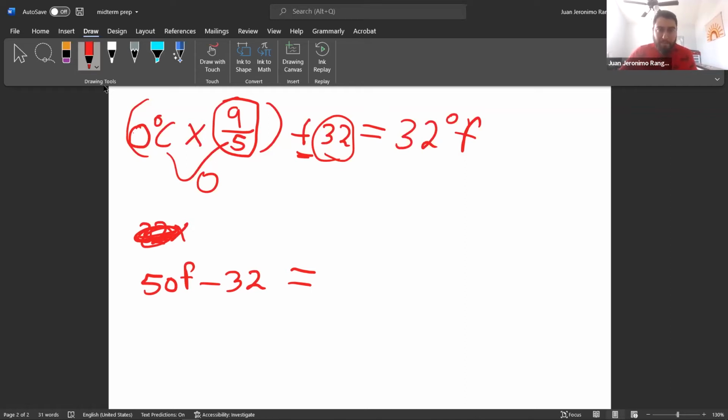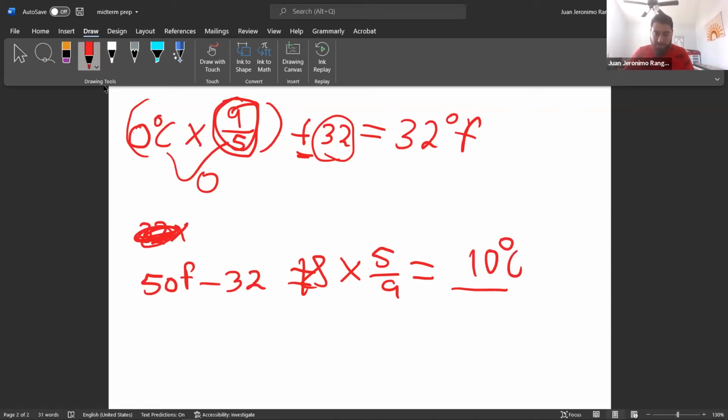Yep, we get 18. Then we multiply that by the reciprocal, 5/9. 18 times 5/9 equals 10 degrees Celsius. Looks right.